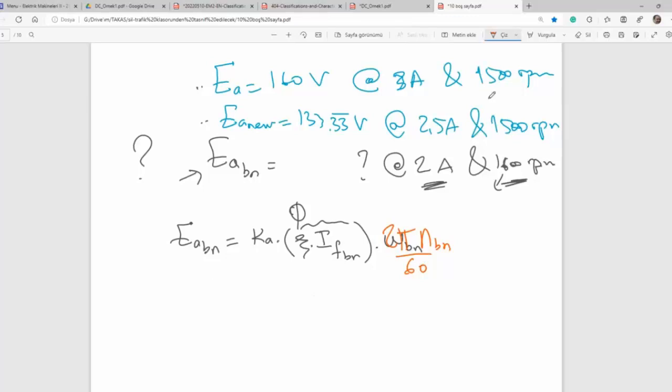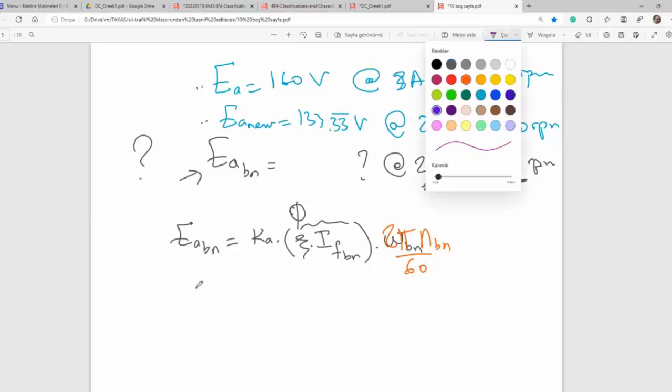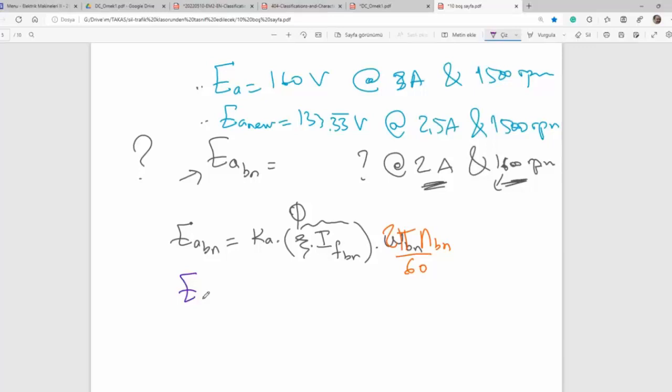And the old one: armature EMF is Ka times zeta times If old, and the old speed, n old over 60.